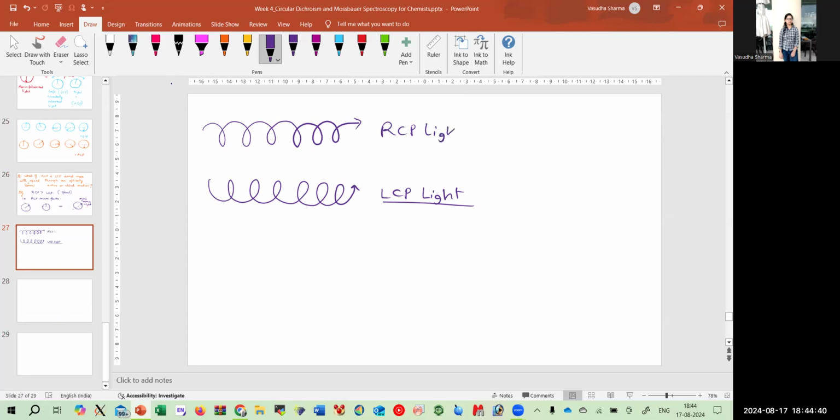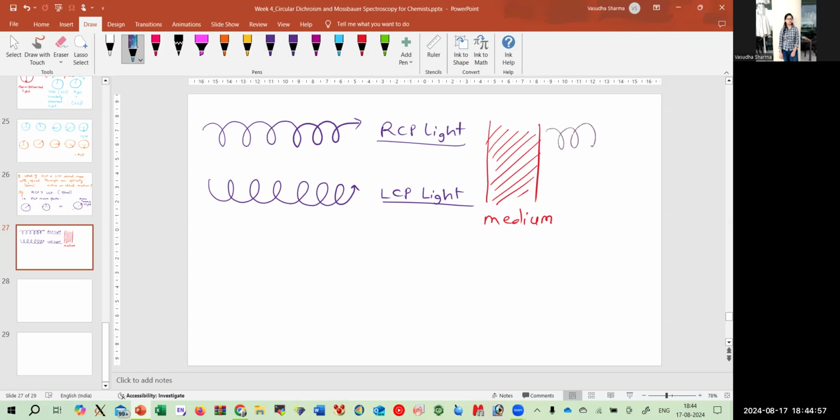So when there is a molecule, a medium, this is your medium. When one goes faster, for example, this goes faster and this becomes very slow. So this slows down, this is faster.